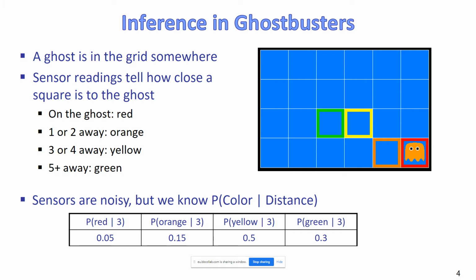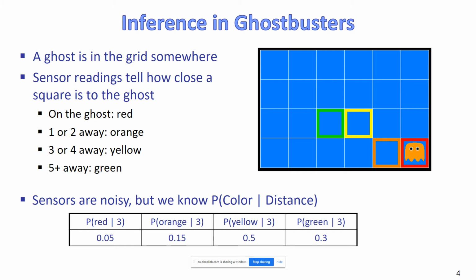What is certain is that there is one ghost somewhere, but what is uncertain is the location of that ghost. In the beginning, we don't know anything about where the ghost is, but we are allowed to do one process called sensing. So we can sense in any of these cells.